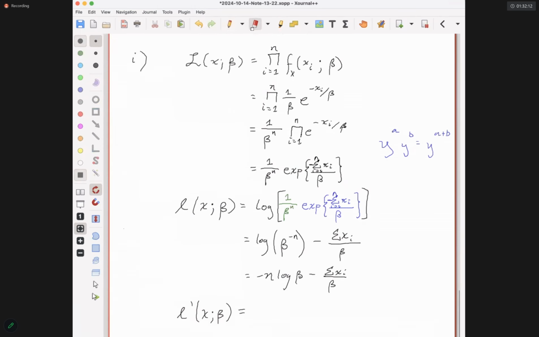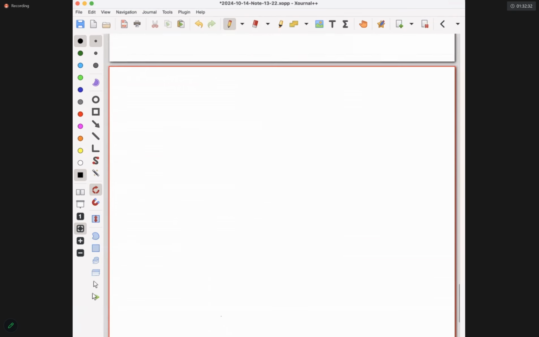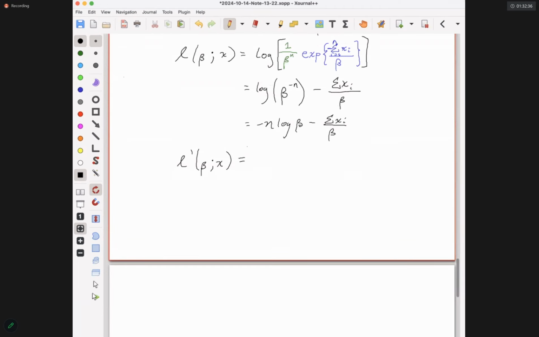This should be beta x, because we consider the log likelihood and the likelihood to be a function of the parameter, and the data is a condition for the function. But our log likelihood derivative is what we need to find next with respect to beta.